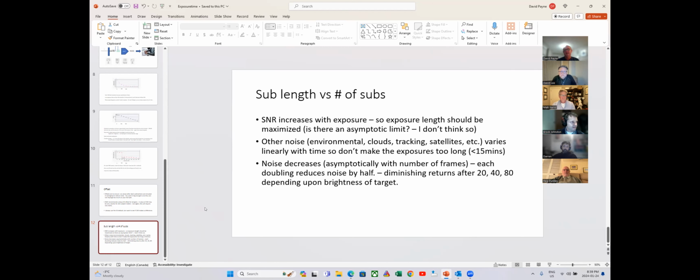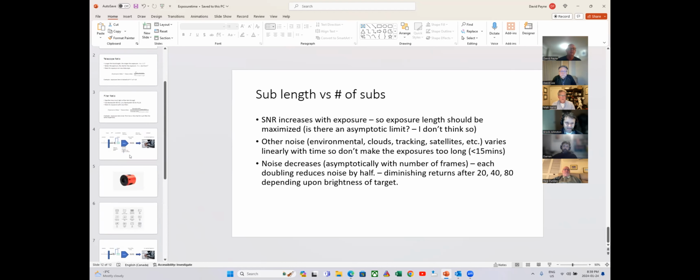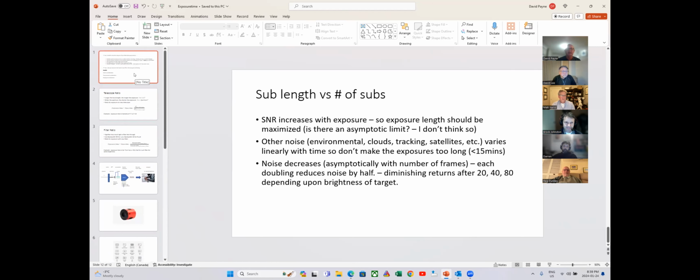So I tend to keep my frames for my narrowband less than 15 minutes. Does that all help? There are some other factors that go into this. I'd love to show you a table, but that's all that goes into picking your exposure time.